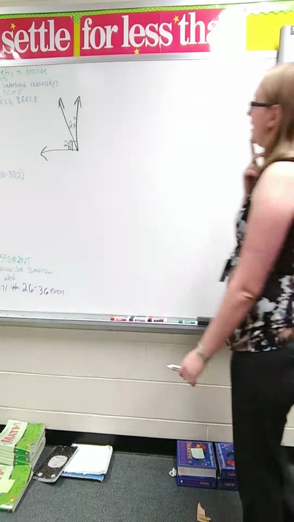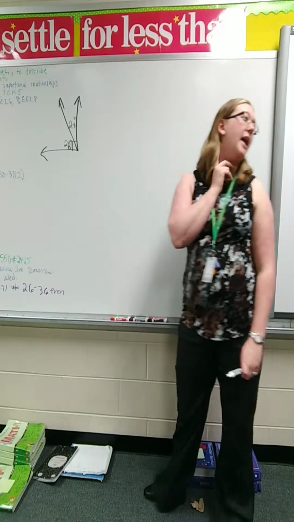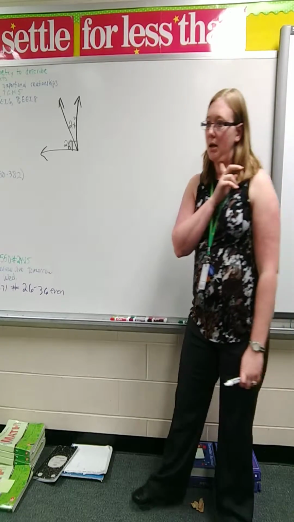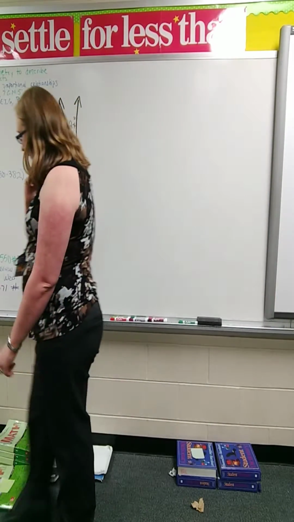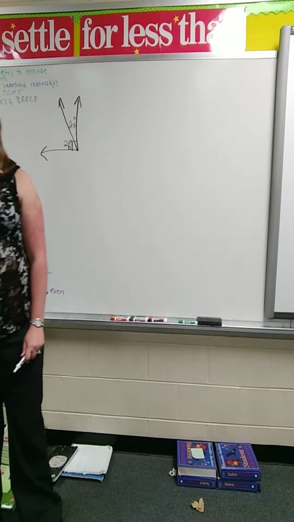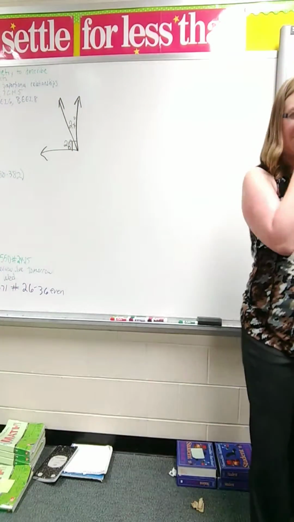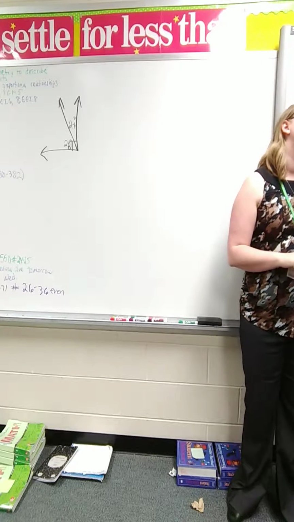There is something in this picture that tells me that my angles are either complementary or supplementary. Who can tell me, are these complementary or supplementary? And how do we know? Raising a hand, please. Yes, sir?